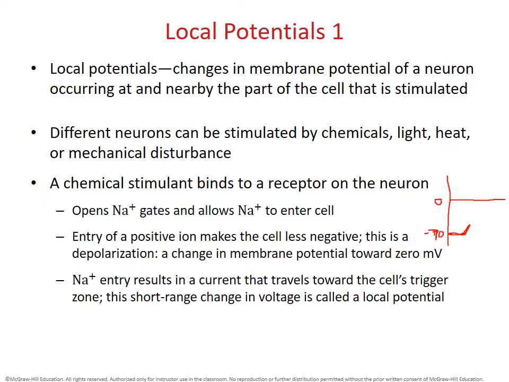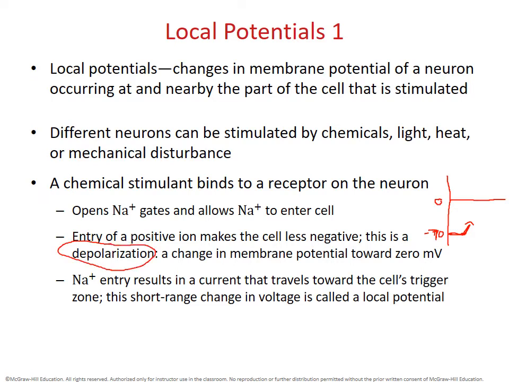So if I take the cell membrane from -70 and start bringing it towards 0, I am depolarizing the membrane. I am making it less polar as it goes from -70 to -60 to -50, -40. As it approaches 0, it is becoming less polar, and so we call that a depolarization.